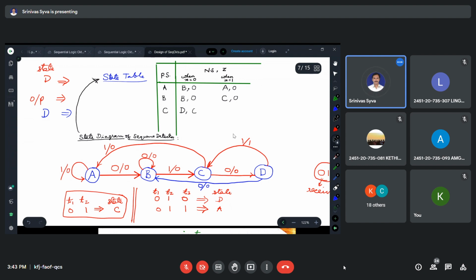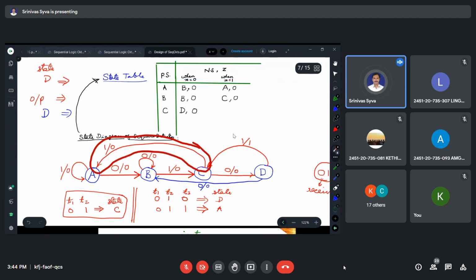And the output will be 0. Suppose if we receive 1, what happens? See here, if we receive 1, this is the transition.